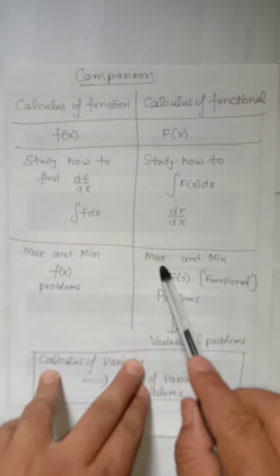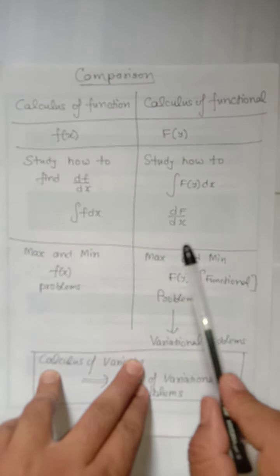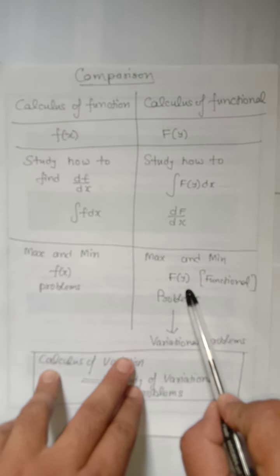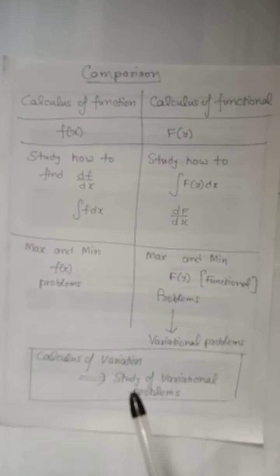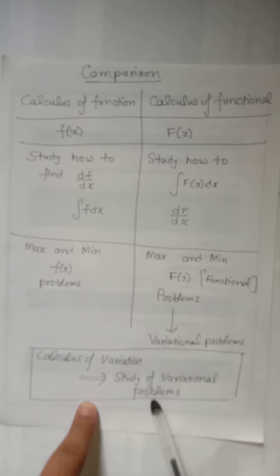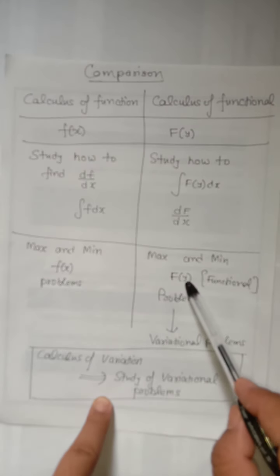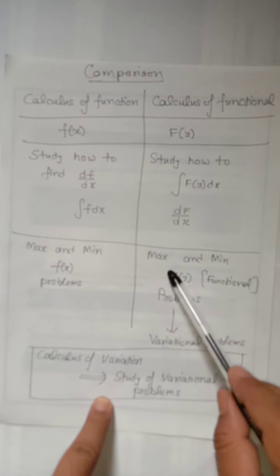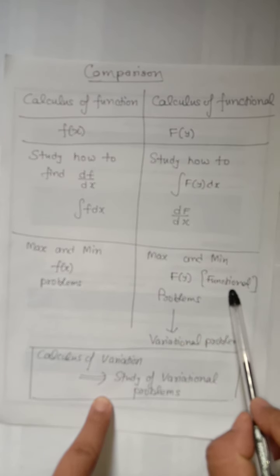Variational problems are those problems in which we study maximization and minimization of functionals. And the basic point of today's lecture is the meaning of calculus of variation. Calculus of variation means the study of variational problems. This means in calculus of variation we will learn how to maximize or minimize a functional.